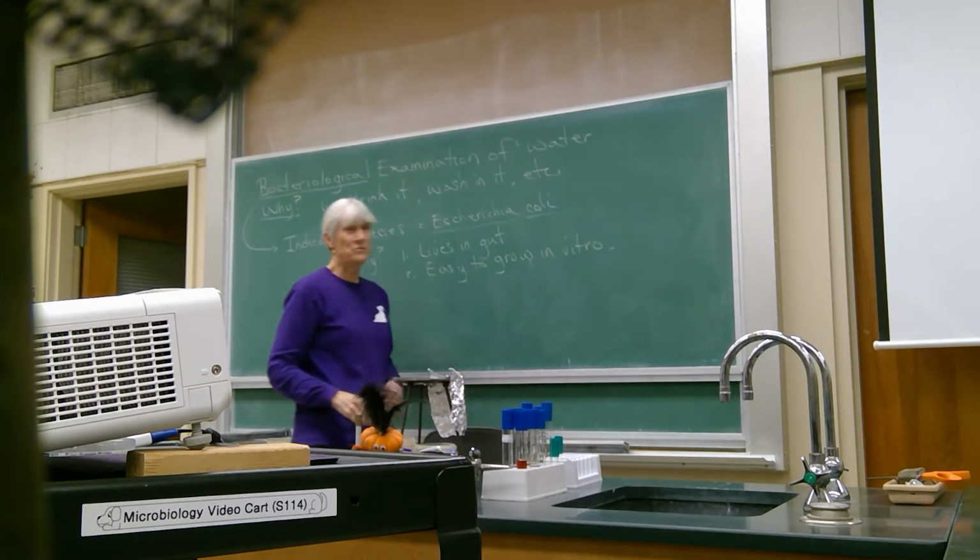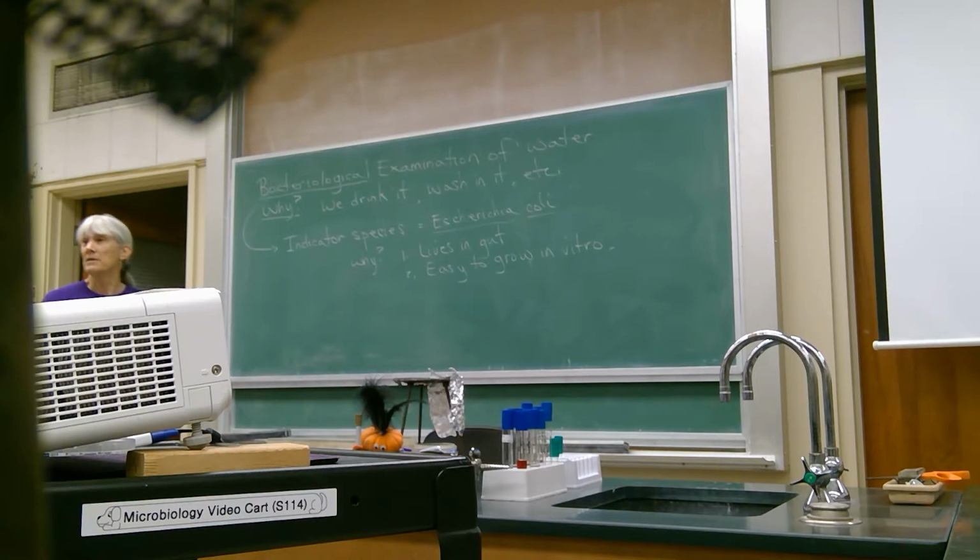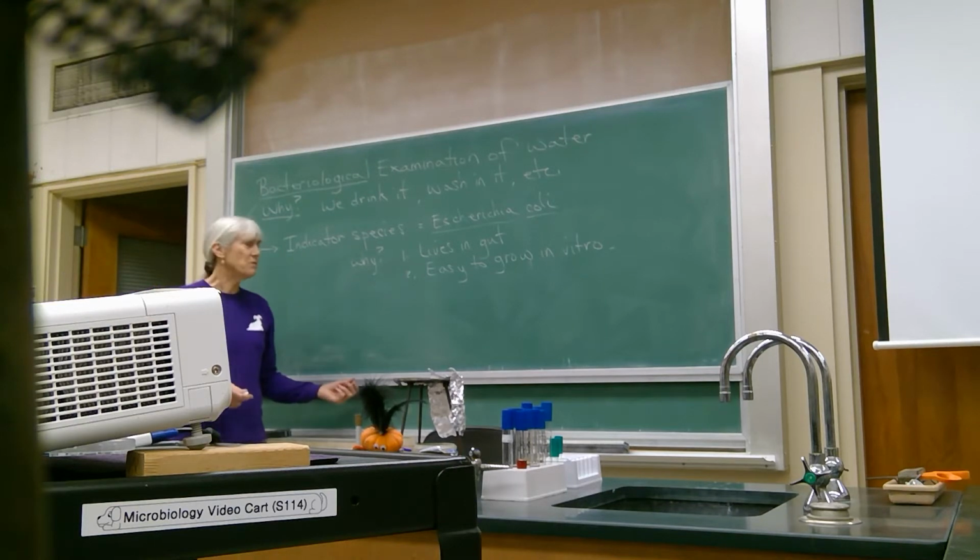Another organism type that you should recognize the name of, Giardia, also lives in the gut. It doesn't live in association with rotting vegetation, it only lives in the gut. If it's in water, it's an indication of fecal contamination. But Giardia will not grow in vitro, period. As far as I know, they've never developed a medium that will grow that particular organism. Whereas E. coli, they're really easy to grow in vitro.